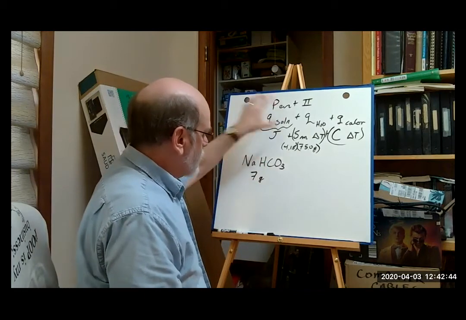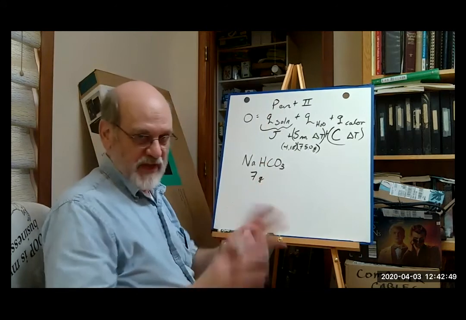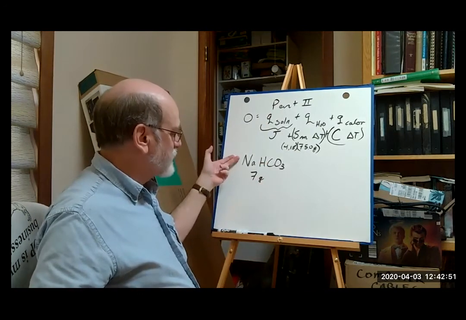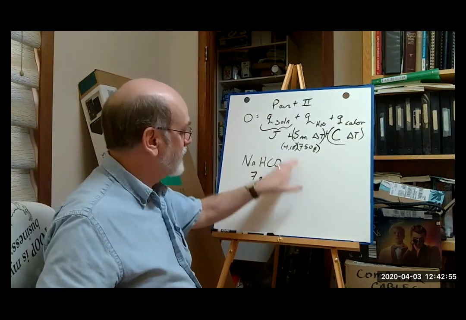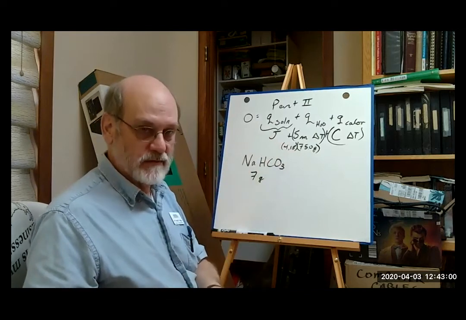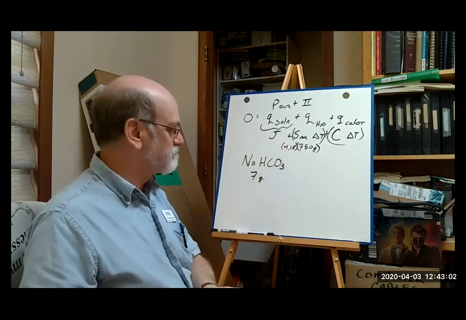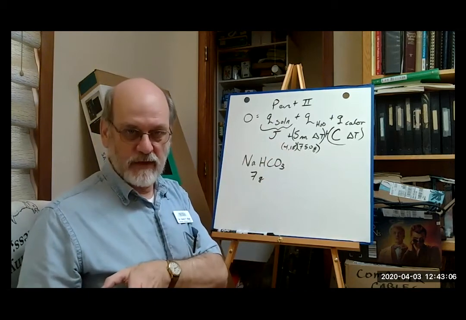You're going to get a value here. Then you just have to convert that to moles. Same deal. What's the molar mass of sodium hydrogen carbonate? Convert that to moles. Divide it into kilojoules, and you'll get probably a positive value because it's endothermic. Compare that percent error to the accepted value in that chart.